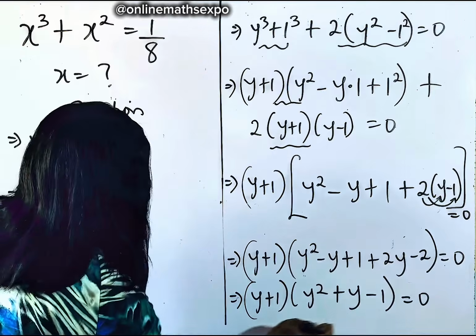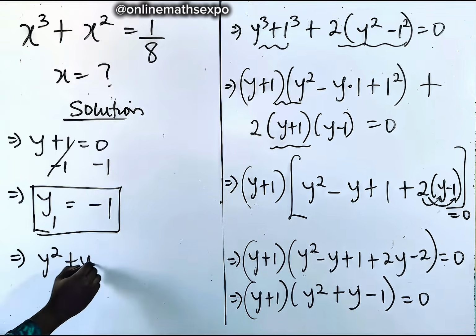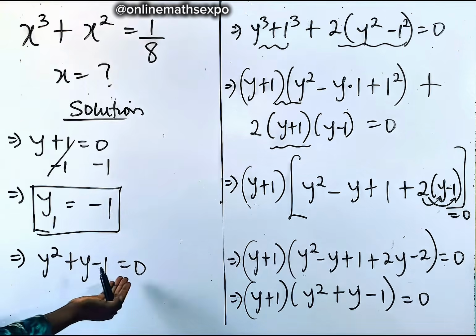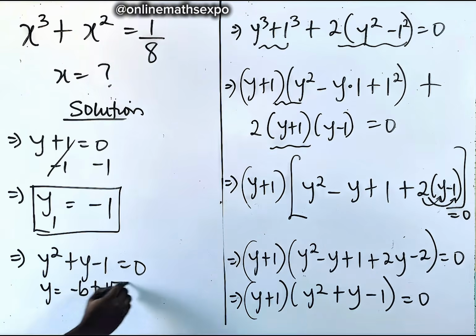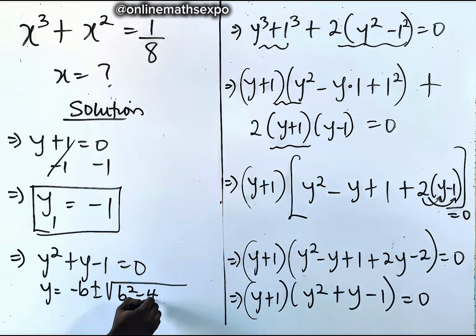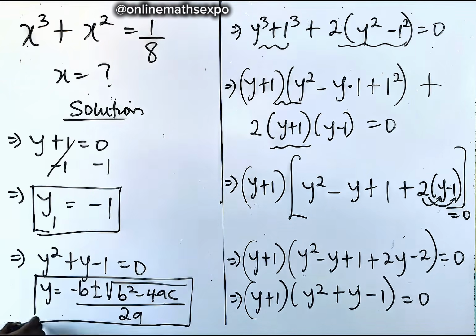Now let's go for the second equation. So we're going to have y squared plus y minus 1 is 0. This has led to a quadratic. So we're going to use our formula. And to do that, we have it that y is -b plus or minus square root of b squared minus 4ac divided by 2a. So let's use this formula to solve for the value of y.